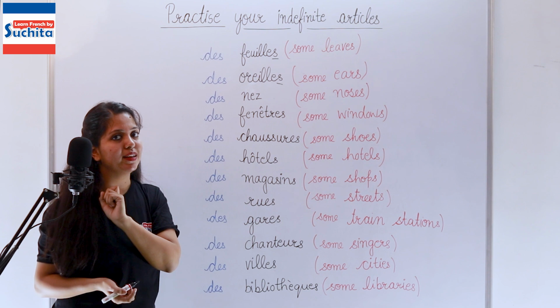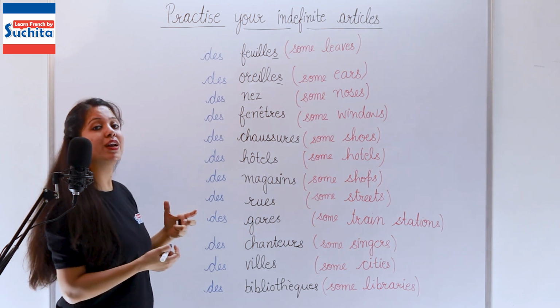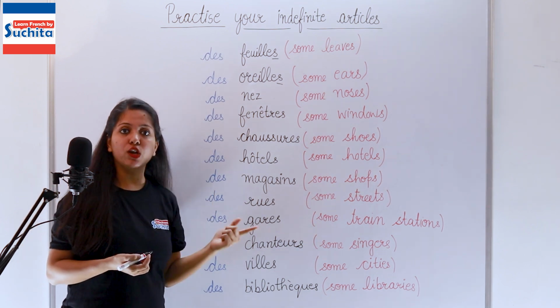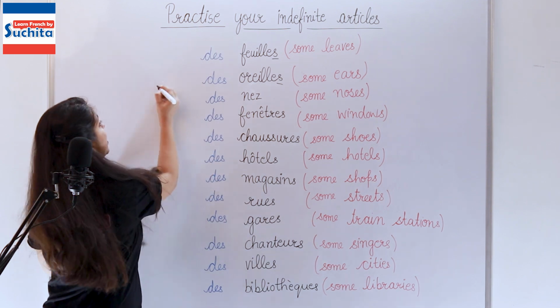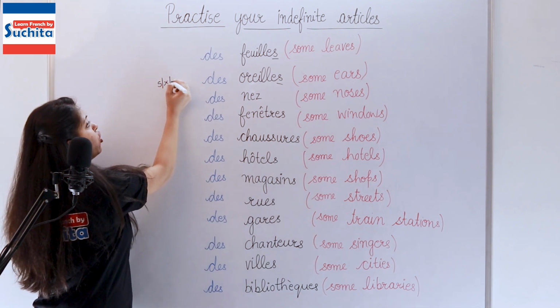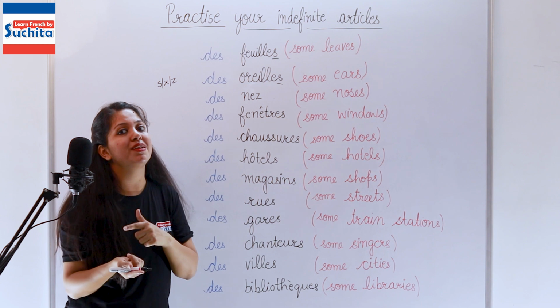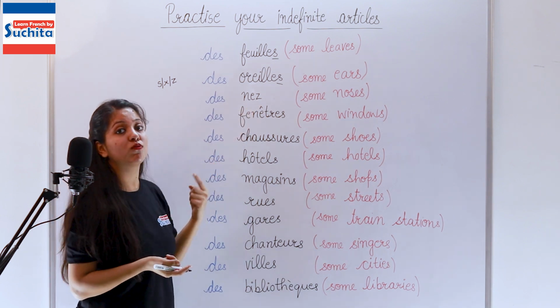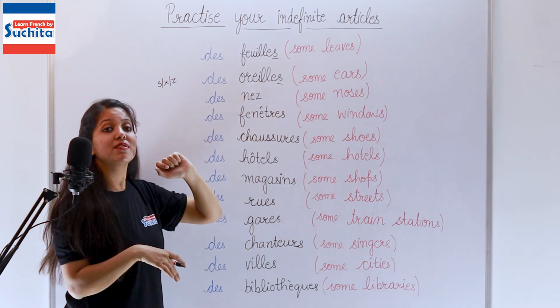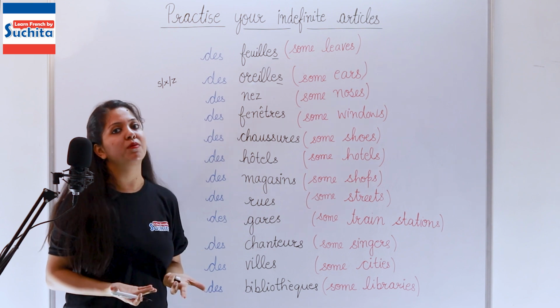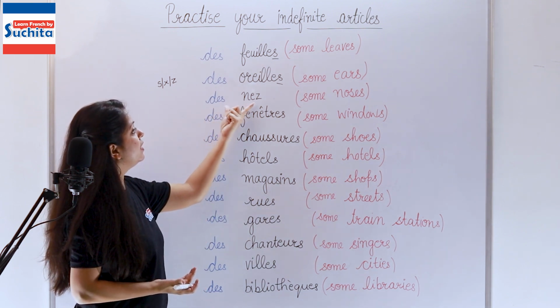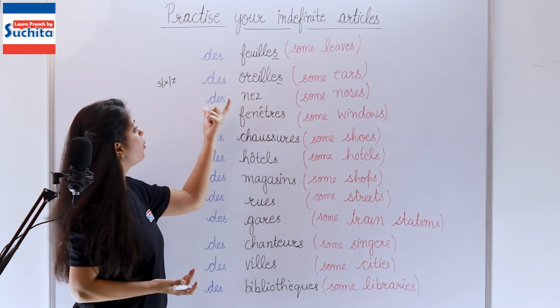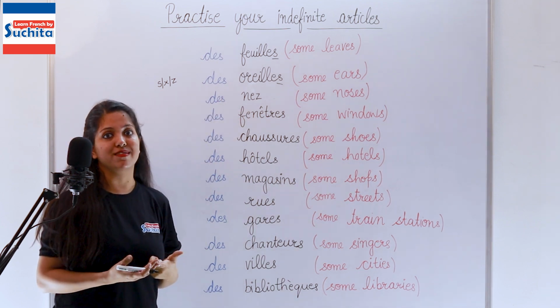Now here I have not added an S. The rule is, if your noun in singular form ends with S or X or Z, then the plural remains the same. So here nez was already ending with a Z in the singular form, so its plural will remain the same. So if you say nez in plural form, it is des nez, some noses.